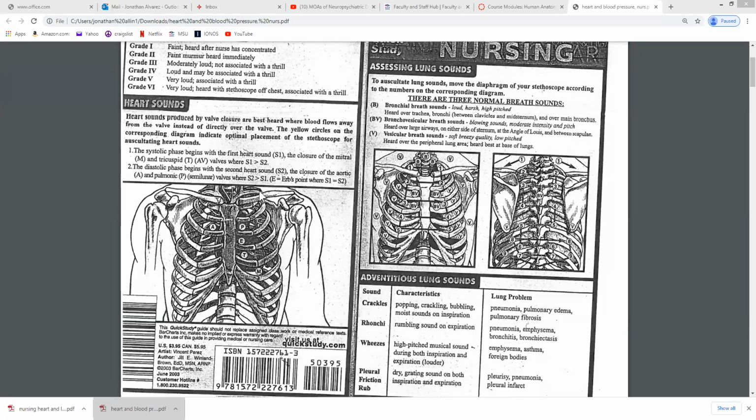It is the fifth intercostal space, mid-clavicular line on the left. It's not physically where it's located, that's just where you hear the sound the best.